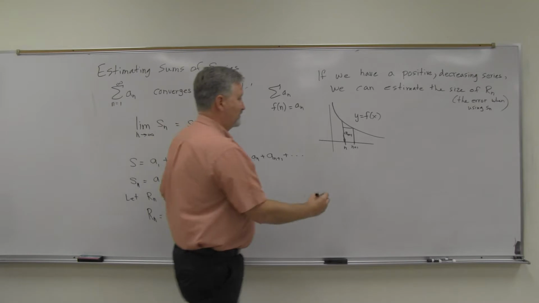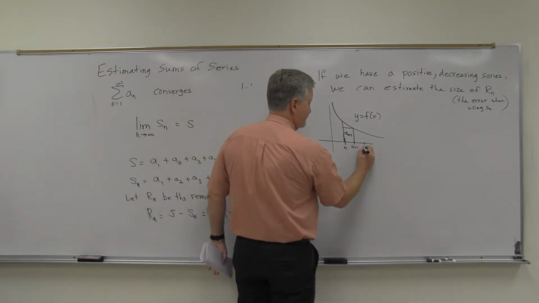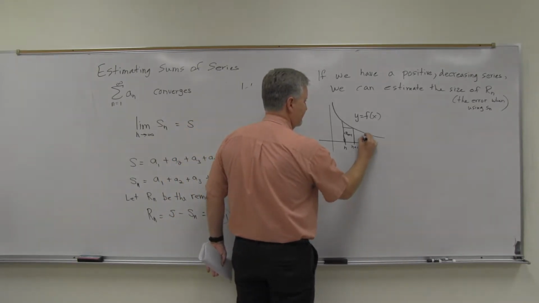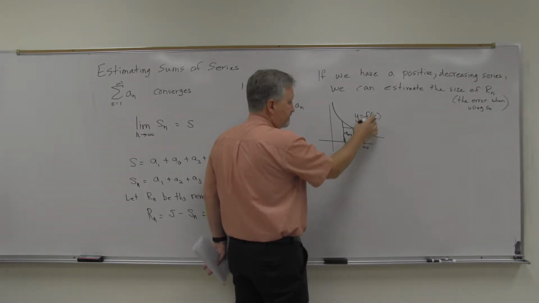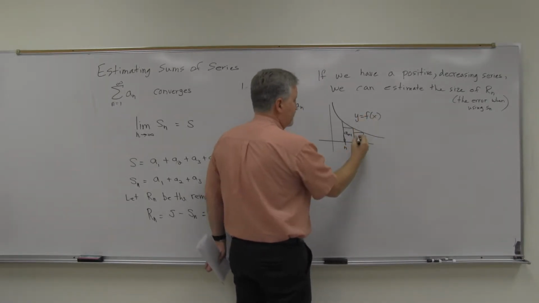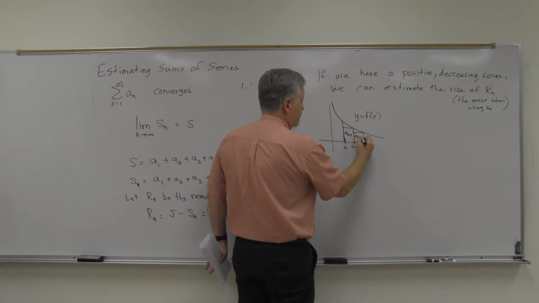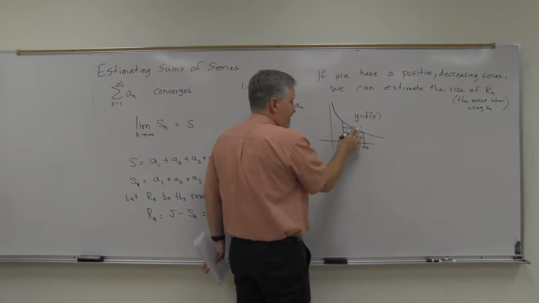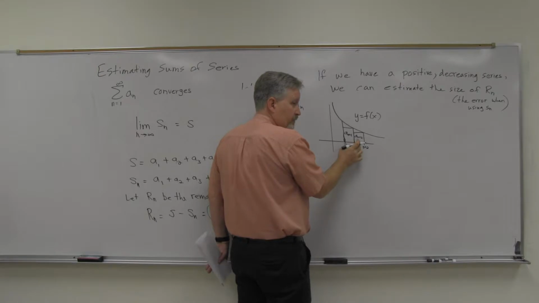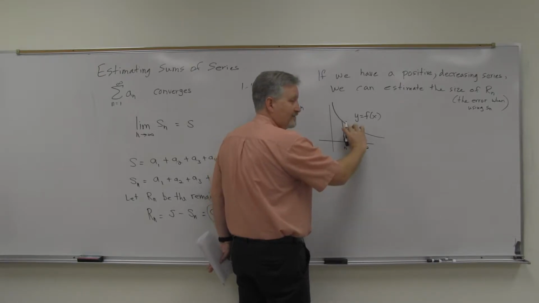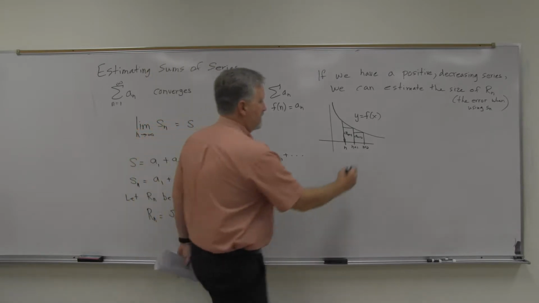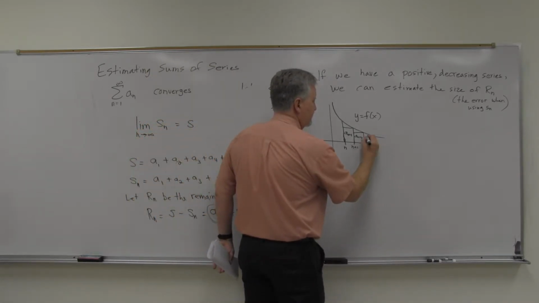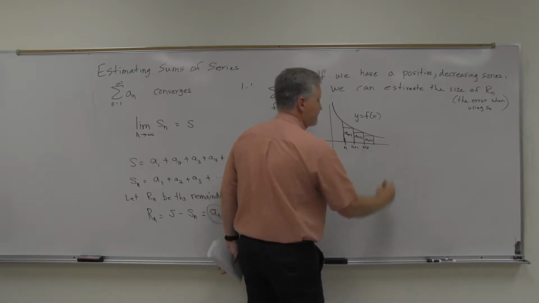A sub n plus 2 would be the next rectangle over. Go up to the height there, because the height gives me the value of the term. The width is one, so the height is really what it's all about. And then a sub n plus 3 would be over here, and so on and so forth.